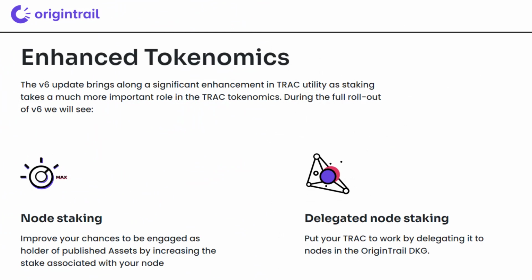And this is an example where you would see our enhanced tokenomics come into play, because if you had more TRAC tokens staked on your OriginTrail node, as it says here, it improves your chances to be engaged as holder of published assets by increasing the stake associated with your node. This is why you're going to want to accumulate as much TRAC as you possibly can. Delegated node staking would be you pooling your TRAC on someone else's node and receiving a portion of the rewards. So this is the enhanced tokenomics coming into play with our version 6 update.